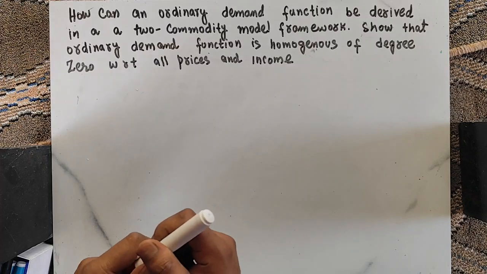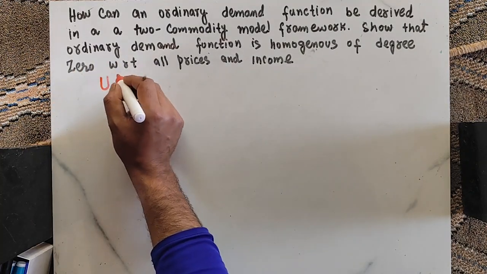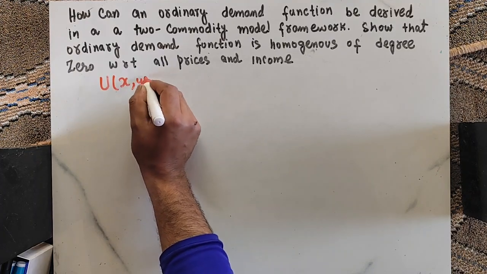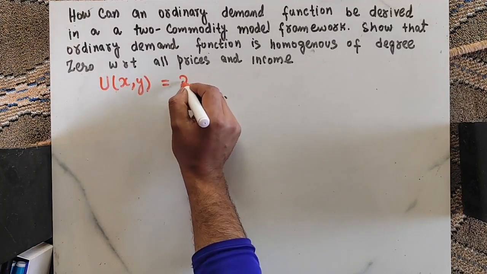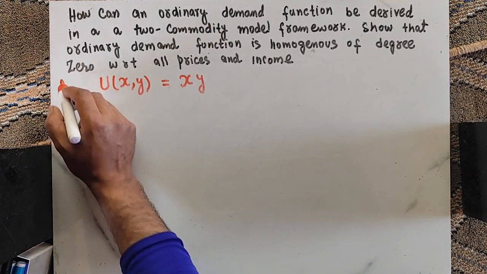Okay, so let's take a utility function. Let us say utility is a function of two goods, x comma y, which are related like this, x times y. So we take this utility function and we want to maximize.